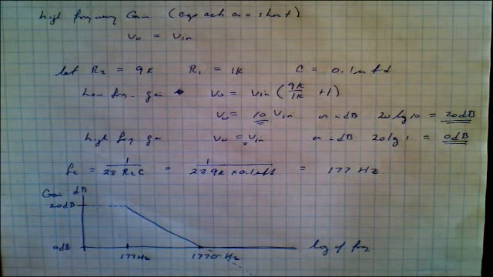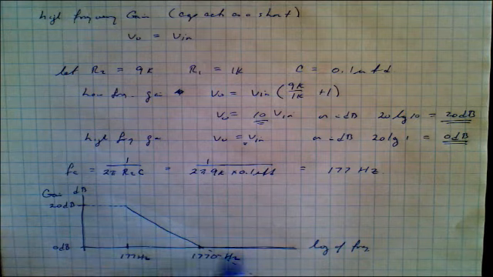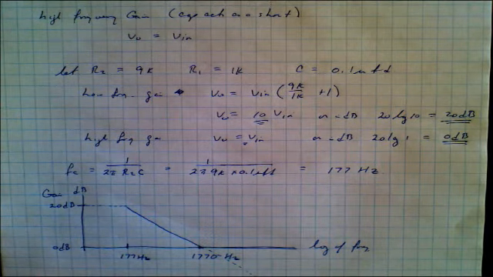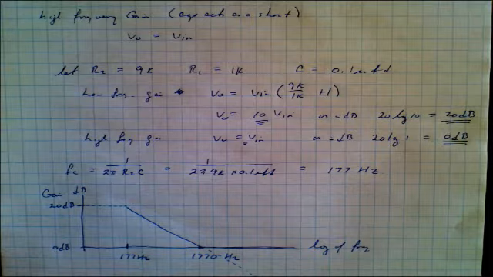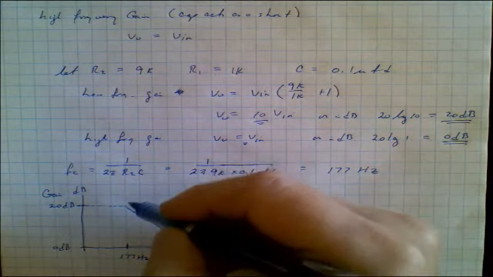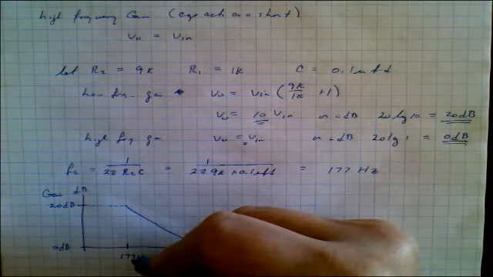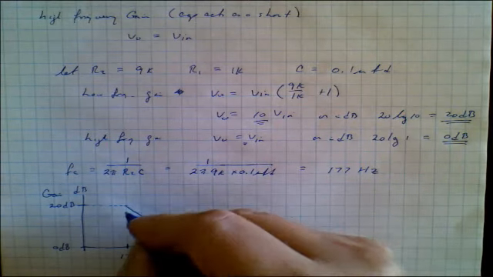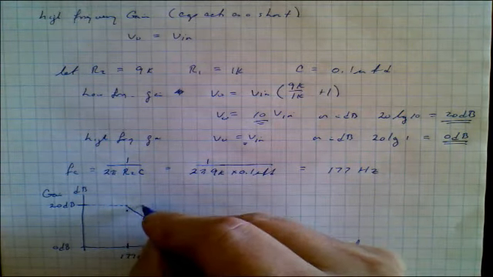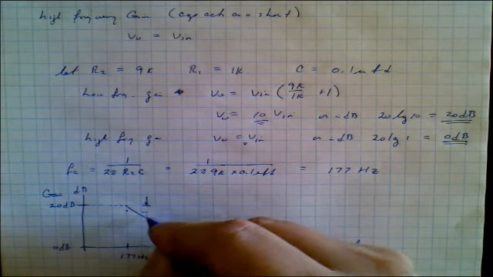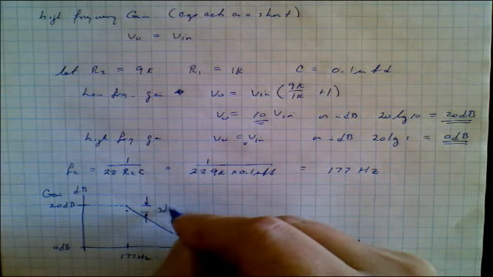Now, recall also that these very nice, simple straight lines that we can draw, which are known as Bode plots, are very, very convenient to do some very quick analysis, but they are only approximations. The corner frequency is actually 177, but the gain has dropped here by 3 dB. So remember, we drop this by 3 dB.